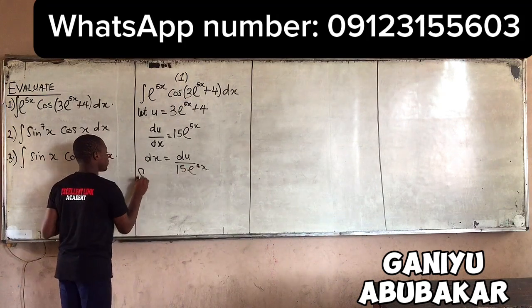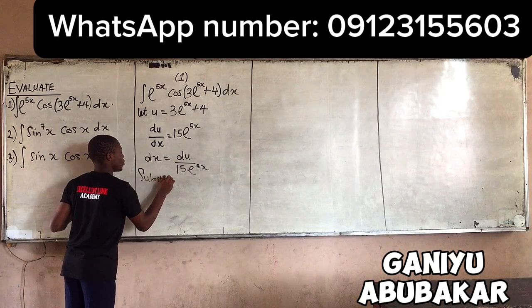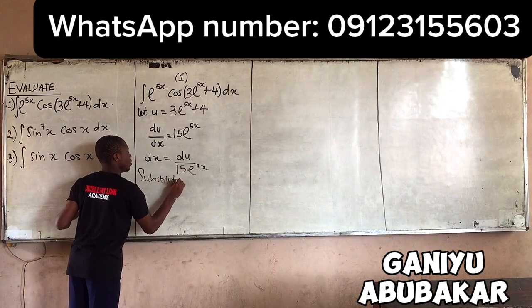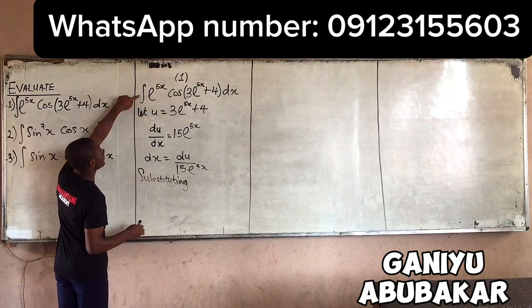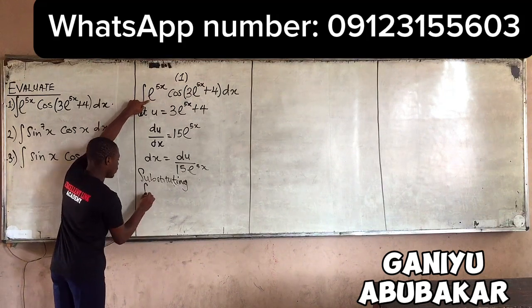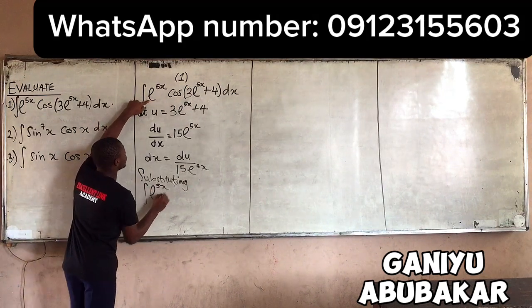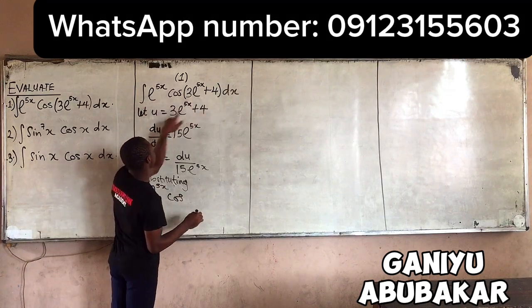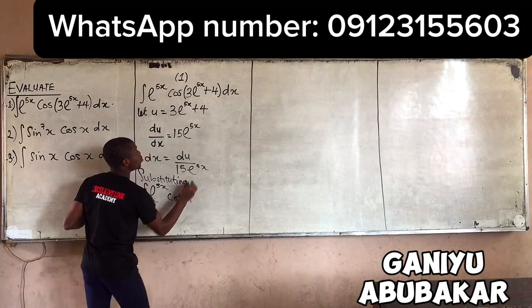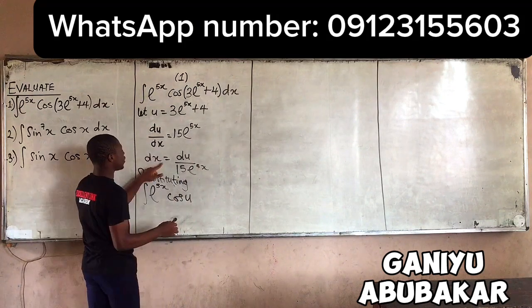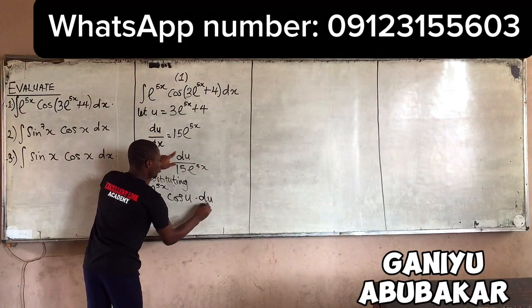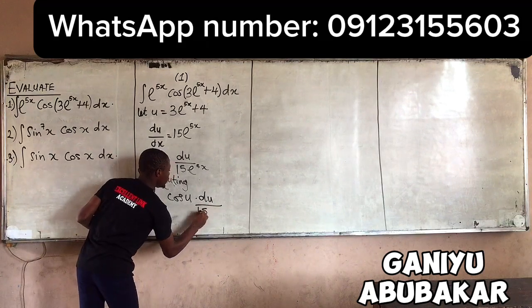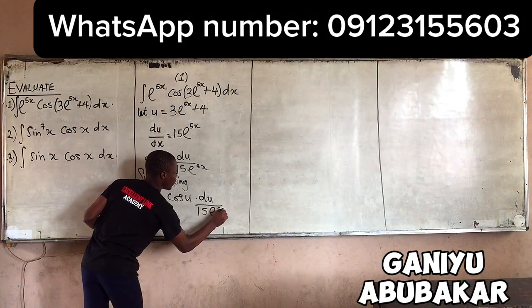At this point, substituting, I'll have the integral of e^(5x), next up, cos, we said this one here is u, that becomes cos u, and the dx value now is what? du over 15e^(5x).